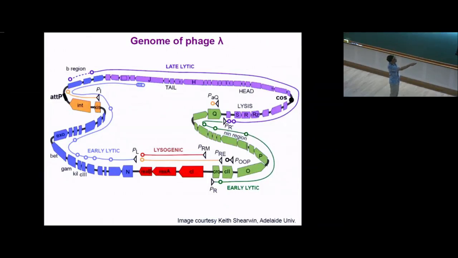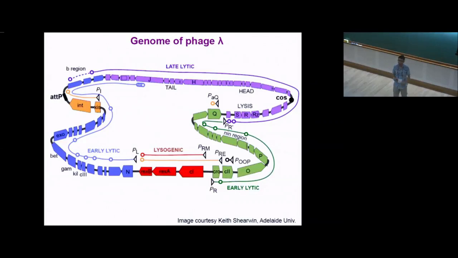So the head is the set of genes that produces the proteins that form this structure into which the DNA is held. But the most important part of the regulation of all this and these decisions is also reasonably well known. And two proteins are particularly important, C1 and CRO.